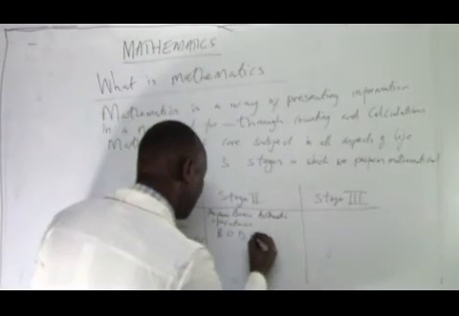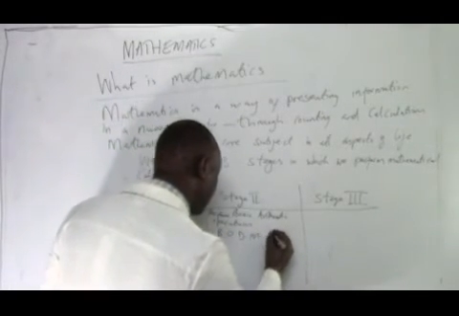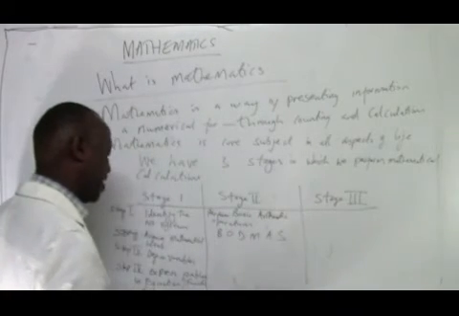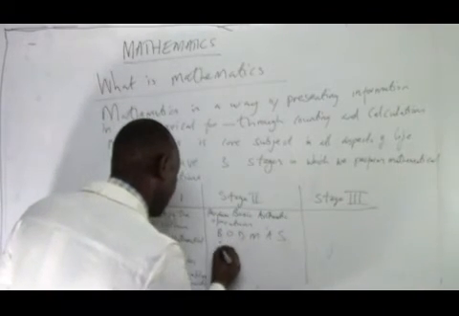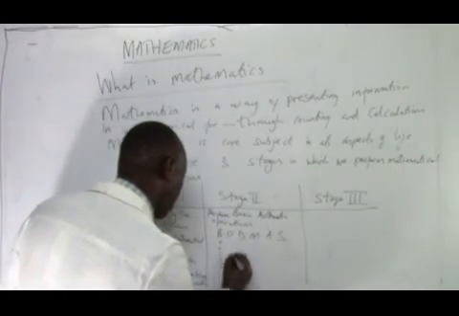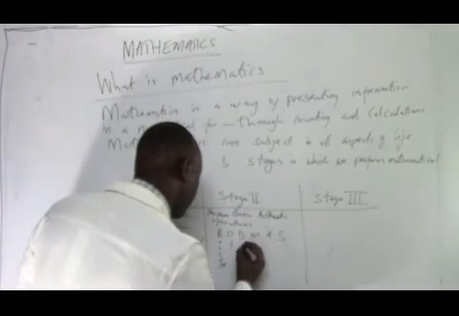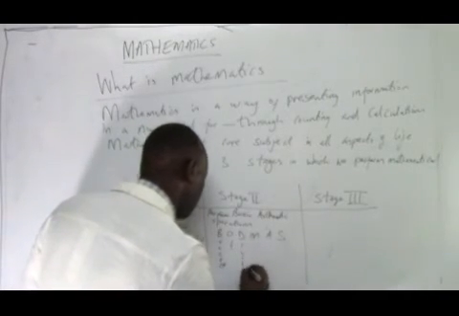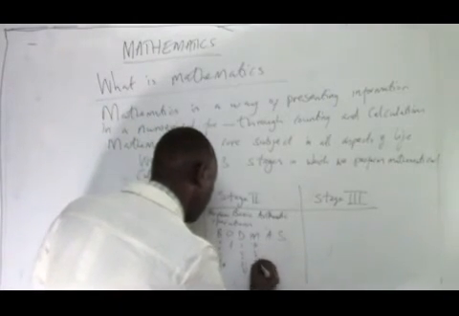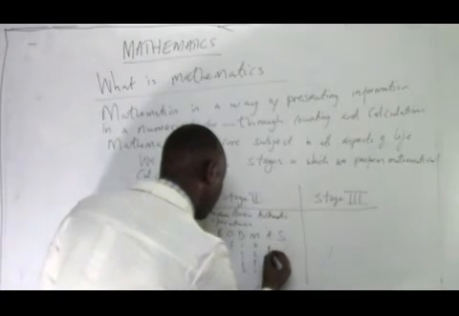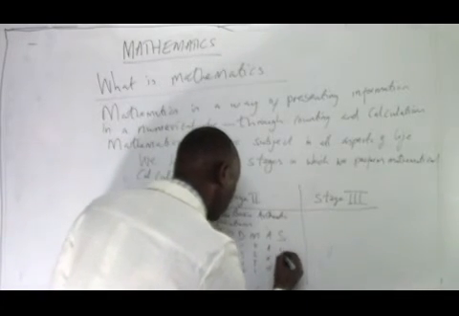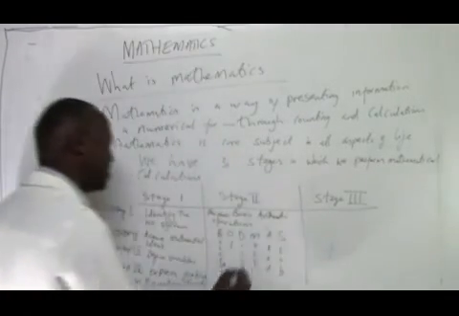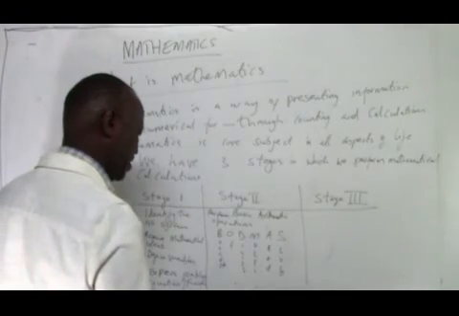BODMAS helps us to see what these operations are. We have brackets, of, division, multiplication, addition, and subtraction. So those are the basic arithmetic operations.